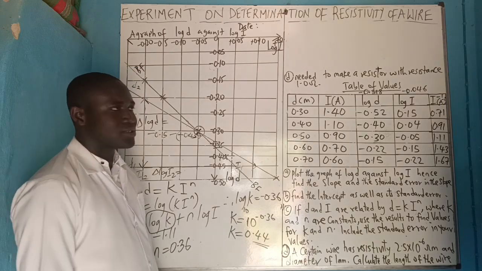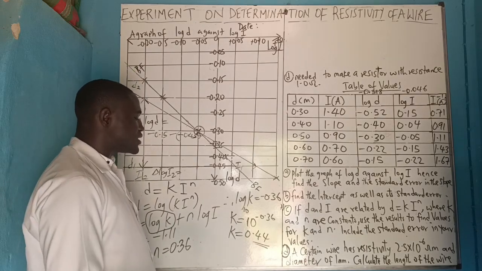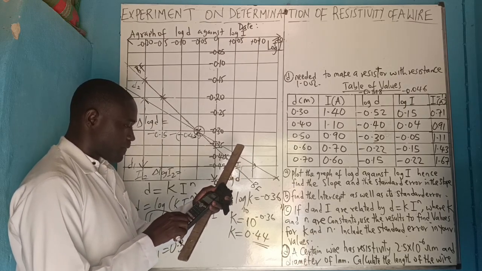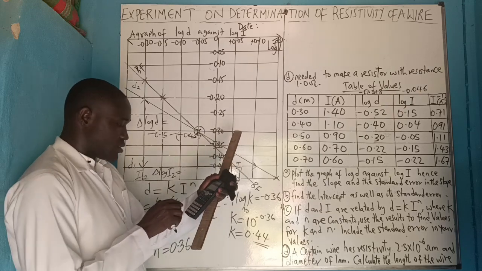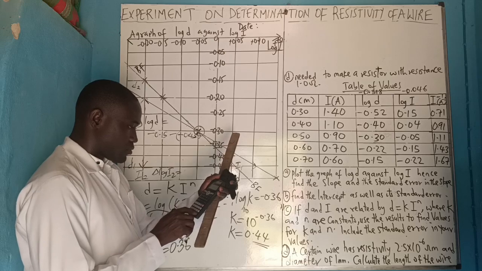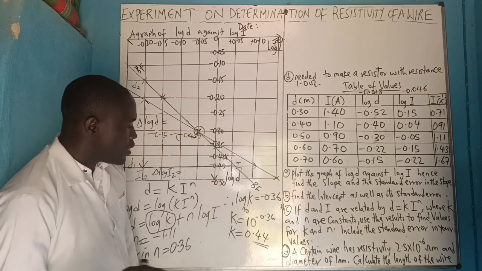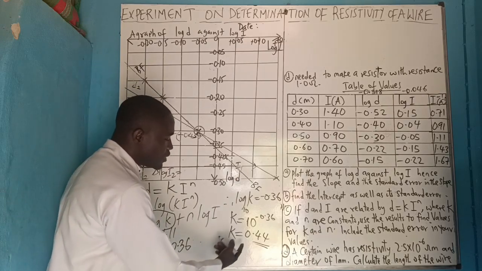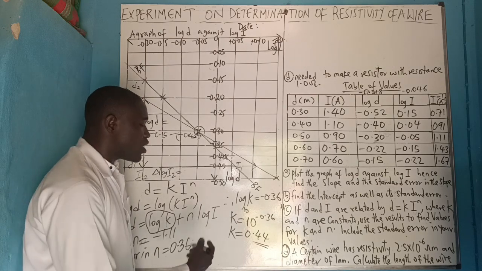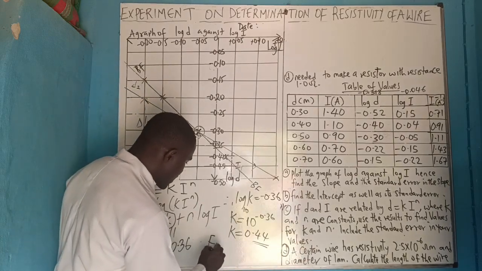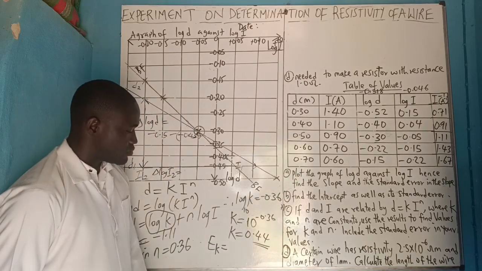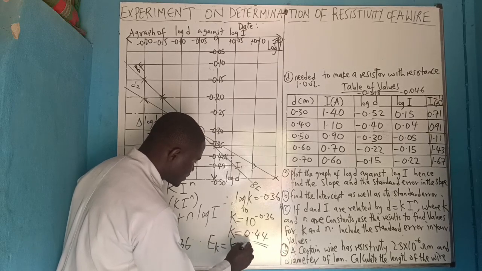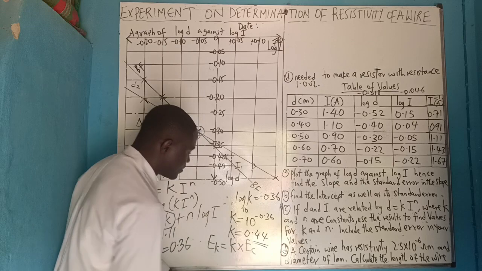K is a constant, and since k is a constant, if you want to get the error in this k, we can say error in k equals k times error in the intercept.